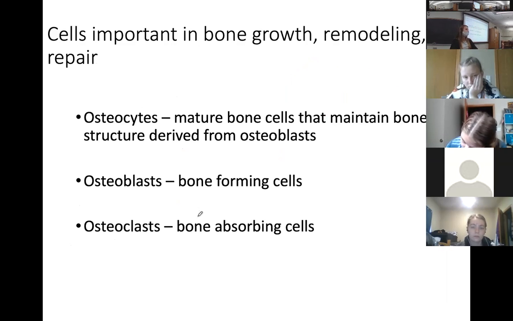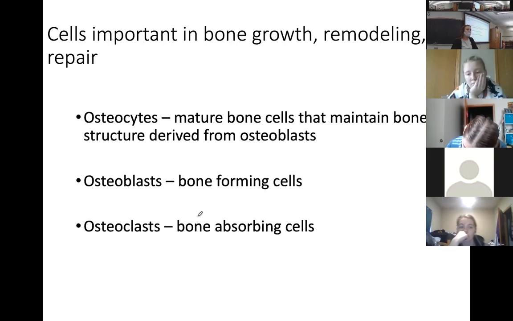There are cells that are important in bone growth, remodeling, and repair. We're really thankful that most of us, if we were to break an arm, your body can recover and repair from that. Now, it doesn't happen overnight. It depends on how bad the fracture is, or what type of growth, remodeling, and repair needs to happen.